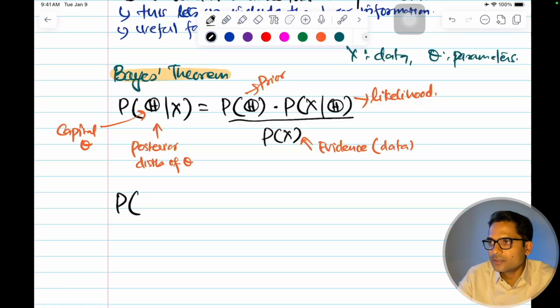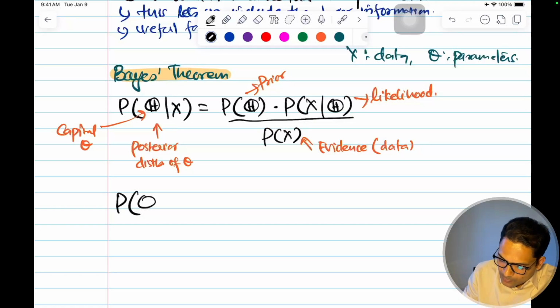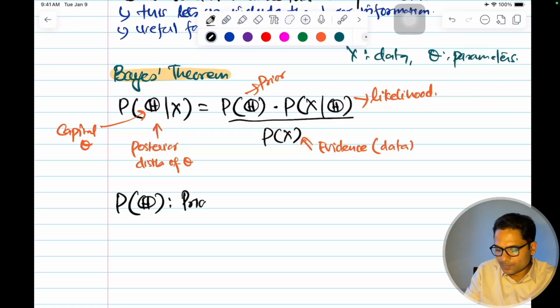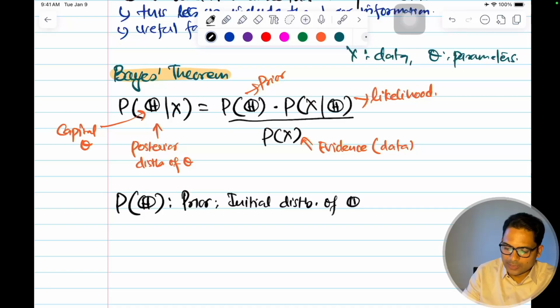Probability of theta: this is my prior, the initial distribution of theta, that is, before seeing the data.